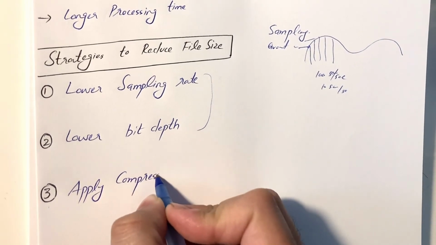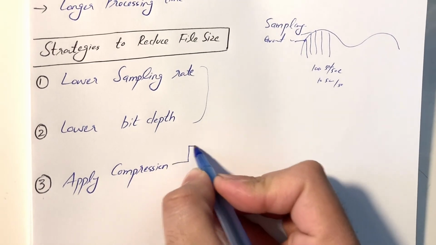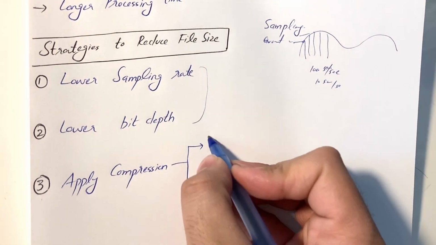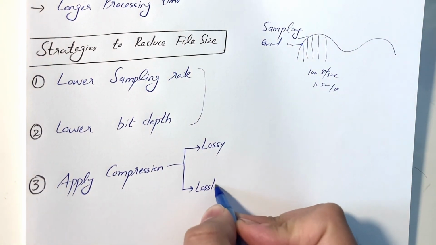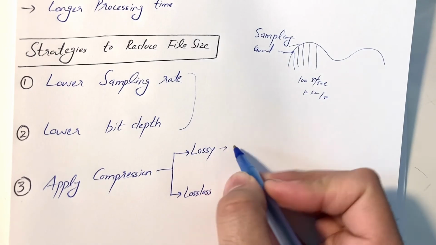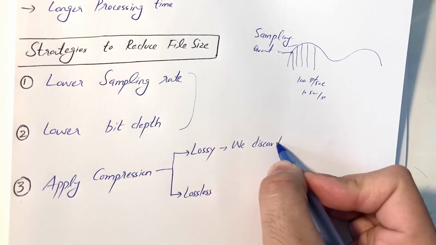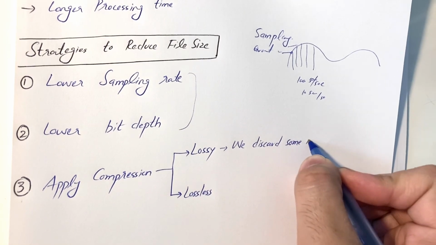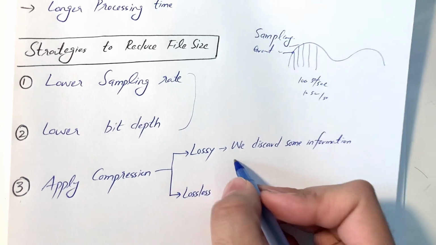Compression can be of two types: lossy compression and lossless compression. In lossy compression, we discard some information permanently.